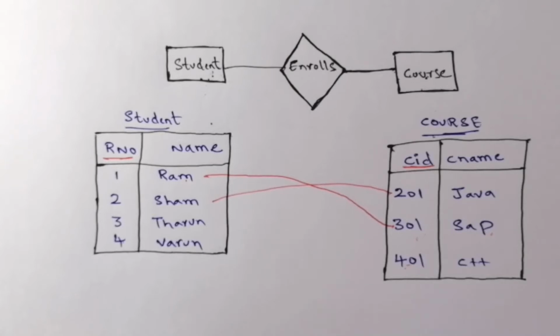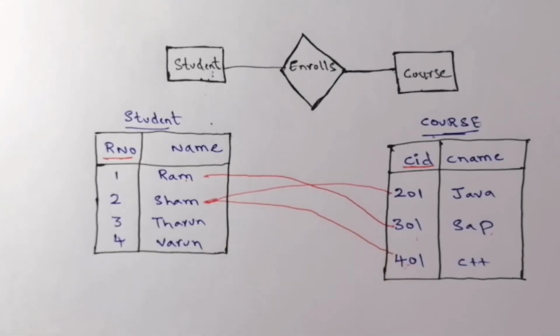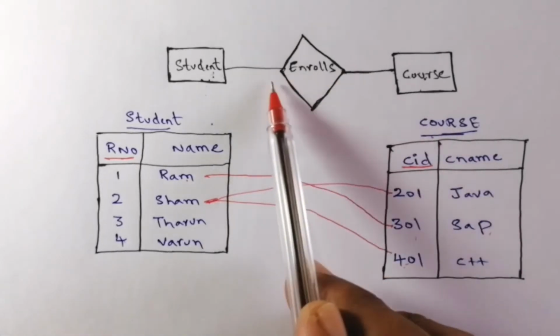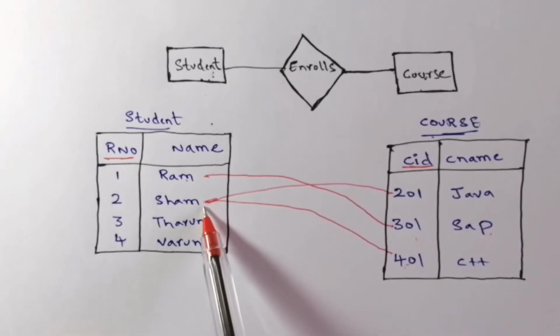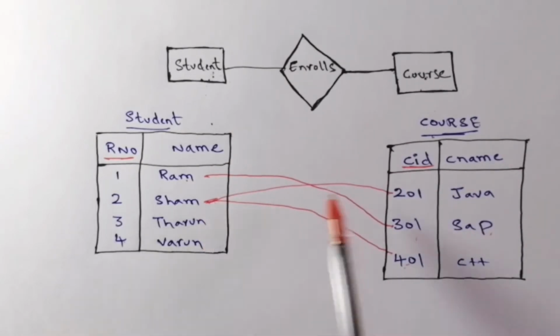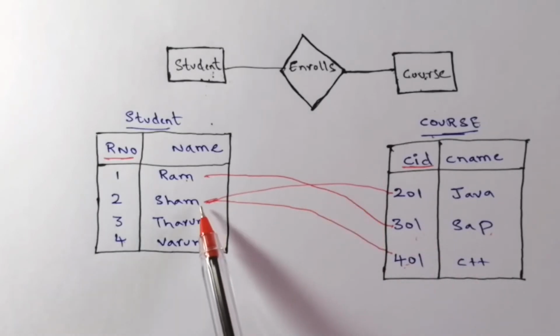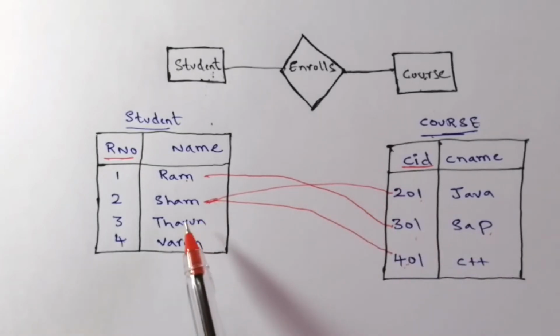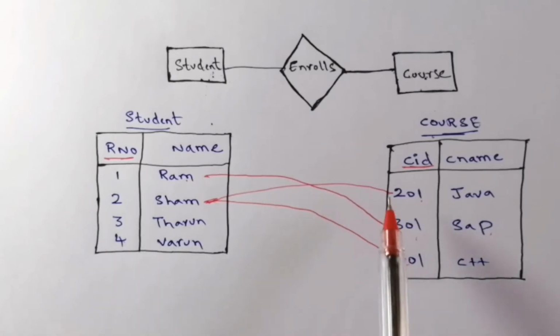And Sham can also join course 401. If we have not indicated any restrictions, there will be many considerations. Suppose a student can join two courses: Sham has joined Java and also the C++ course.